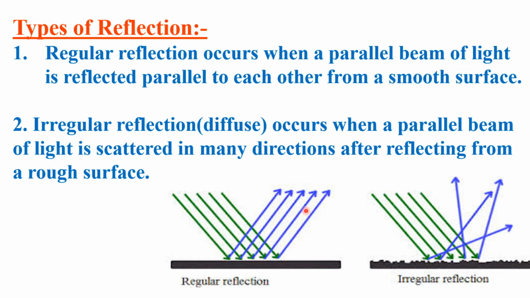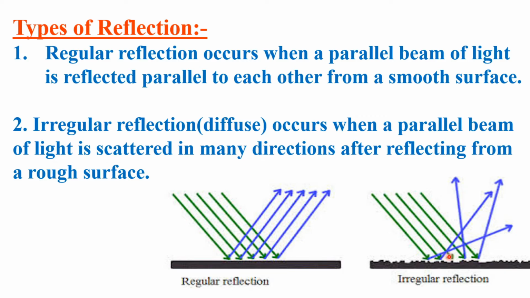In irregular reflection, the incident rays are all parallel to each other, but the reflection of each of the rays is different. So the light is scattered in many directions after reflecting.